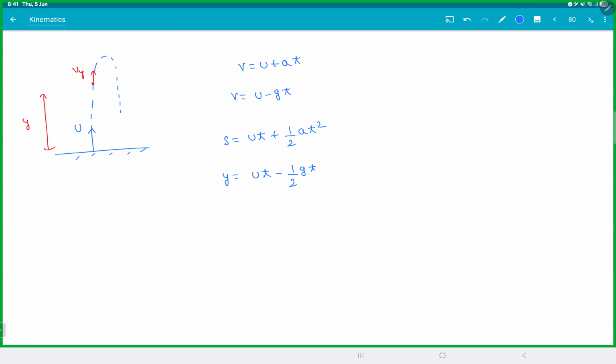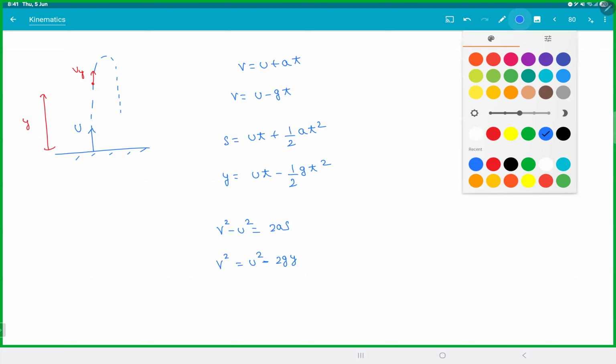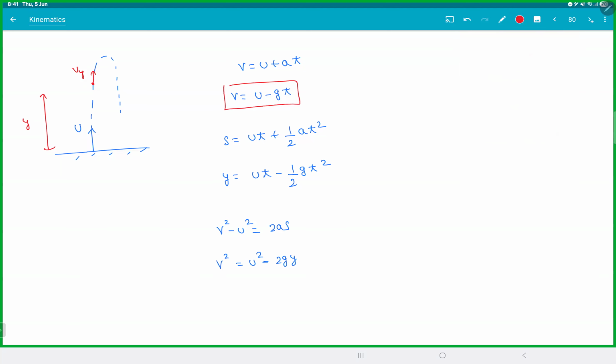V square minus u square is 2as. This will become v square minus u square is minus 2gy. This is how the equation should look in vertical direction. You just replace a with minus g and the displacement with y coordinate.